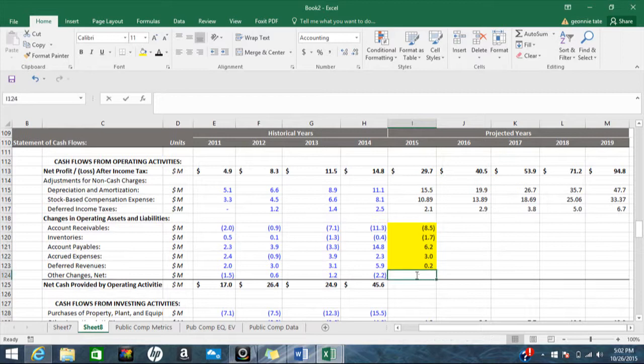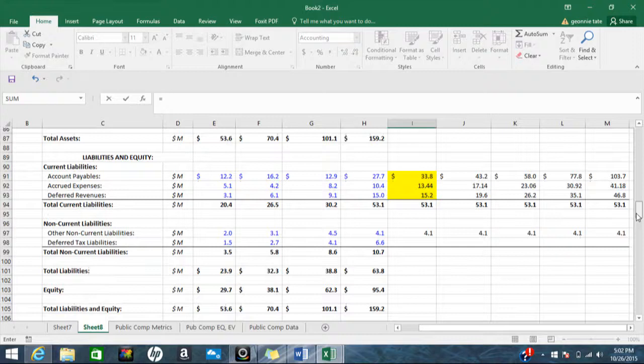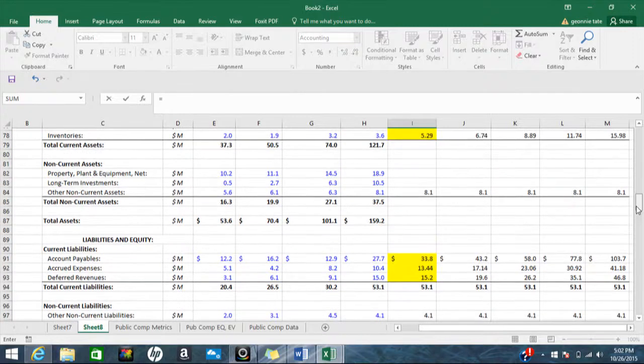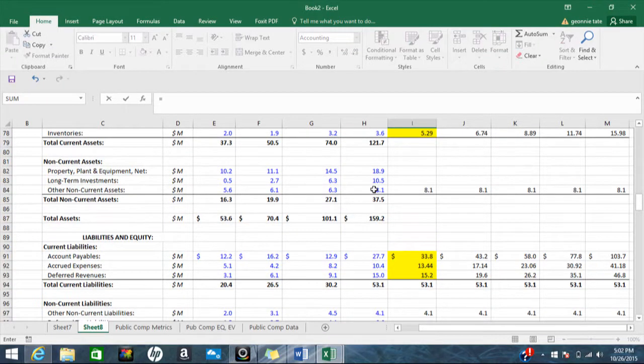Now the other changes next. We have two line items that would affect this. We have one on the asset side, and we have one on the liability side. So we'll use the same format. We'll take the previous minus the current. We'll add it to the liability side line item.